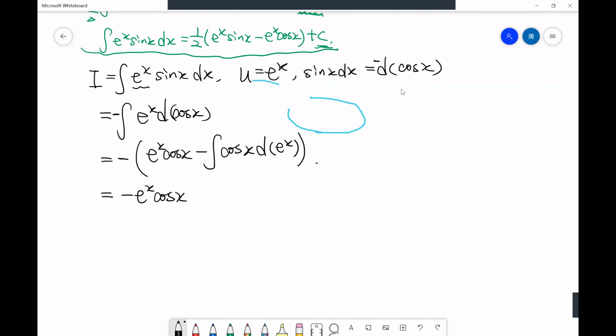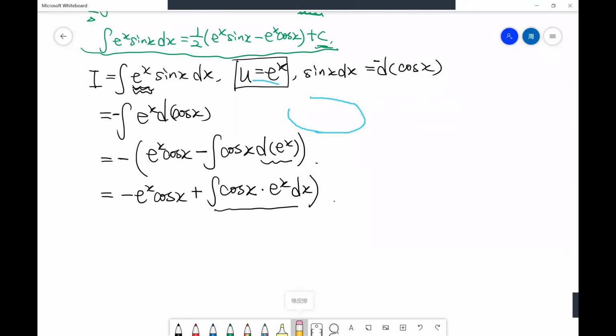Here, minus means plus. So plus the integral of cos x e^x dx here, right? And here you should remember one thing. At first, you choose u as e^x, so for this step, you should also choose e^x as u here.